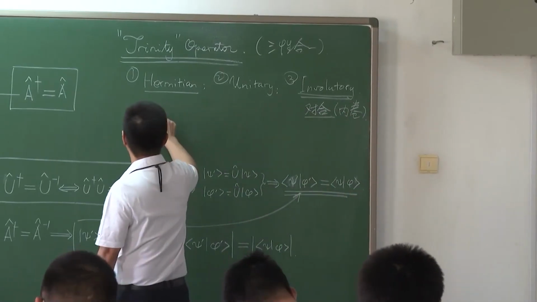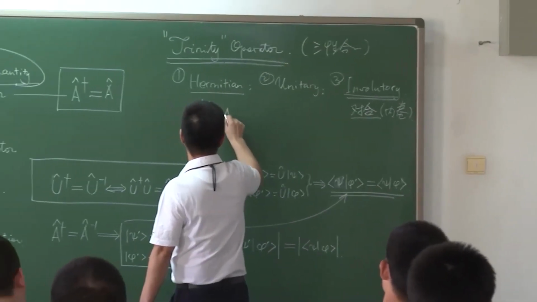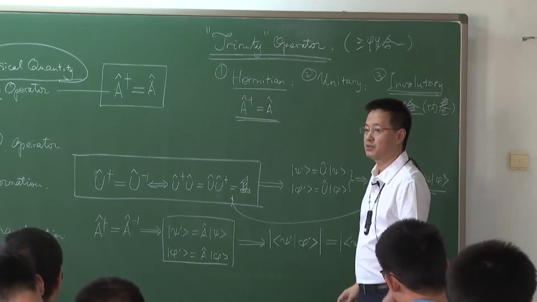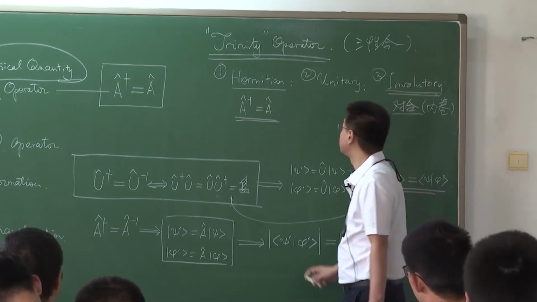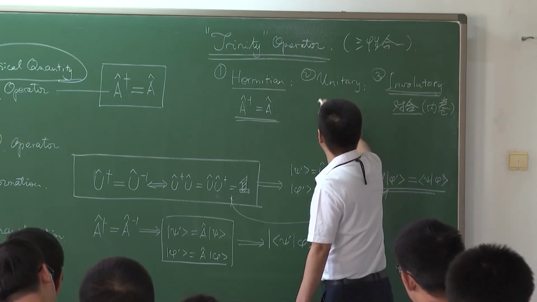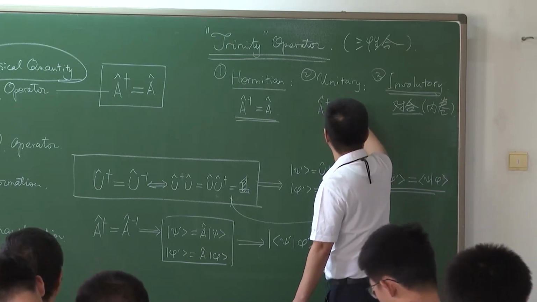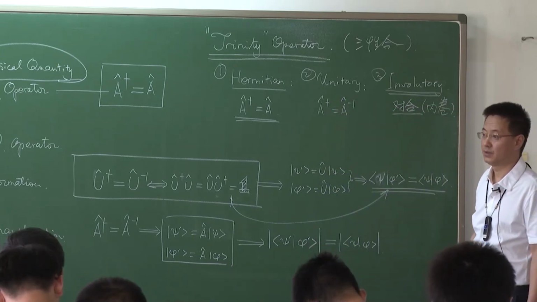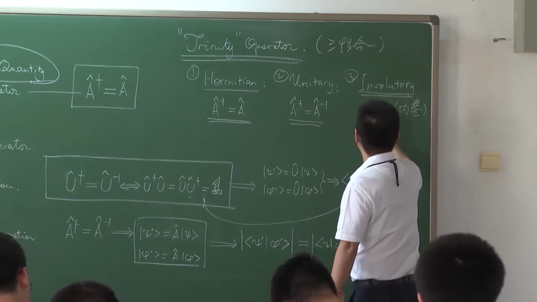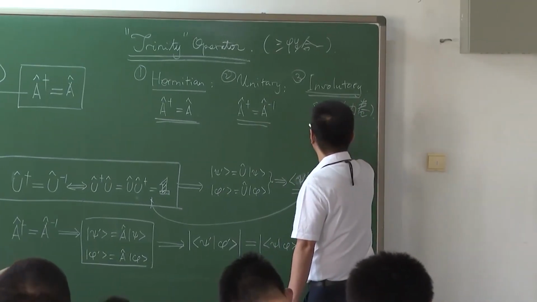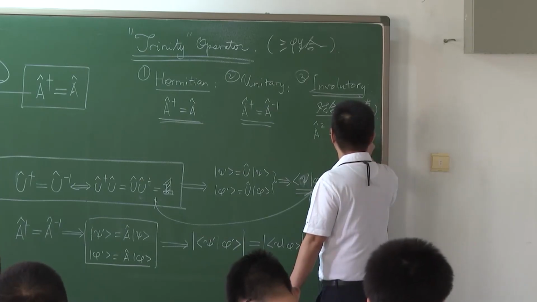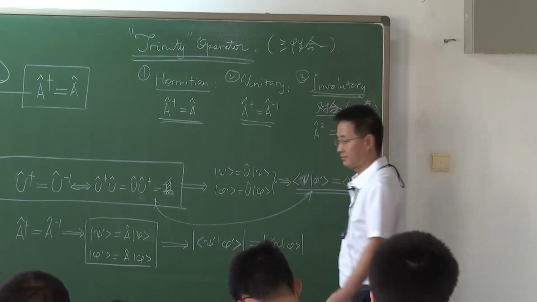Hermitian means that you have A dagger equal to itself, right? That's the adjoint or Hermitian conjugate being equal to itself. And unitary means that the dagger is equal to its inverse. And this thing means that the square of this operator is equal to the identity.